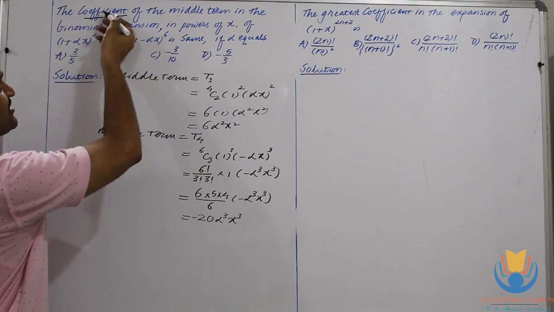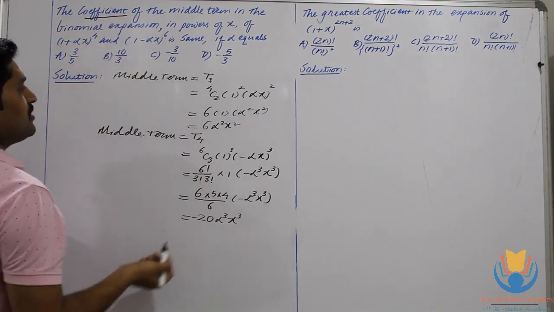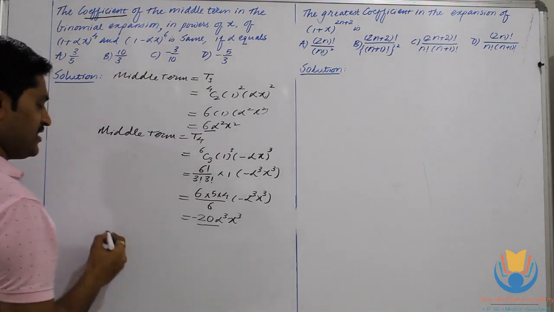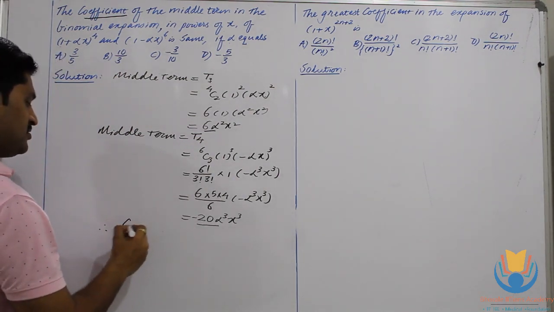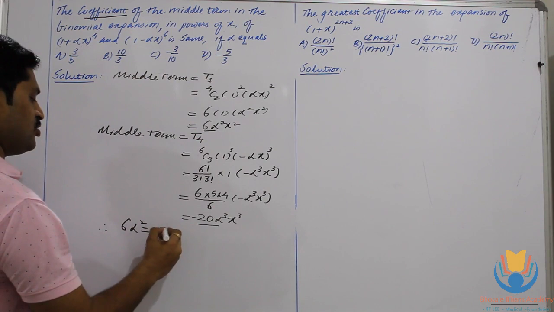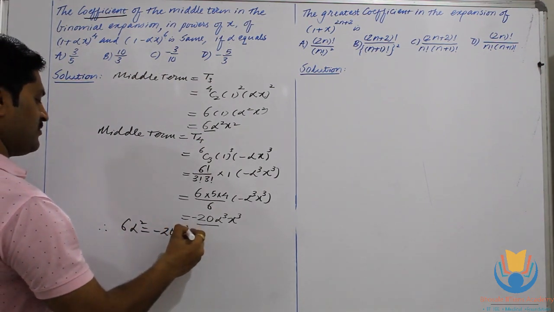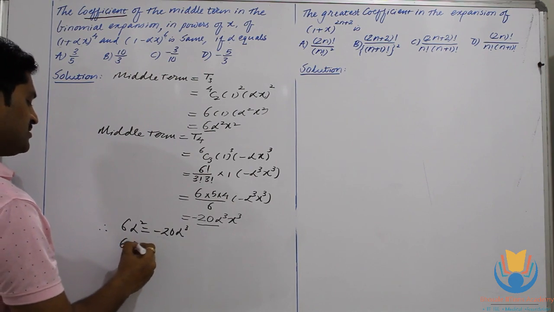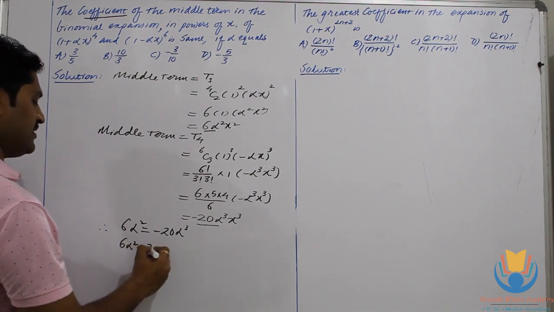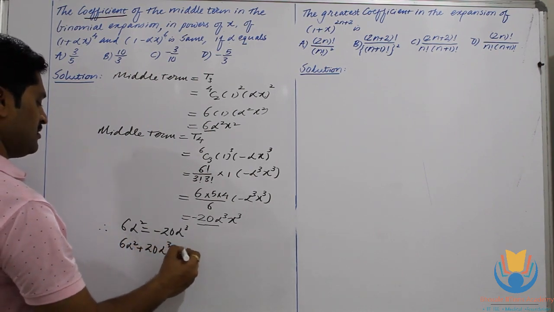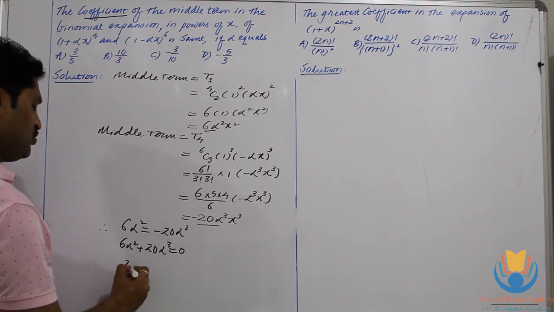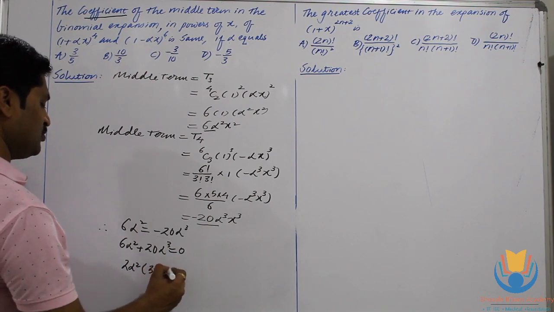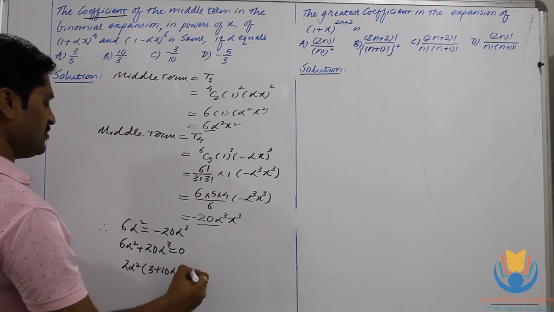So as you can see in the question, the coefficients of those two middle terms are equal. Let's equate them to find the value of alpha. So 6 alpha square is equal to minus 20 alpha cube. Let's get that term of minus 20 alpha cube on the left hand side. So we can take 2 alpha square common, and this gives 2 threes are 6, and 2 tens are 20, so 3 plus 10 alpha is equal to 0.